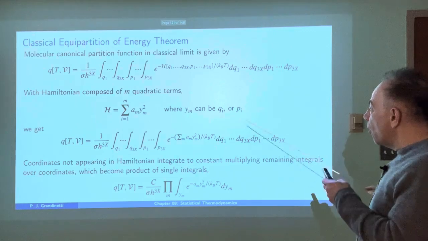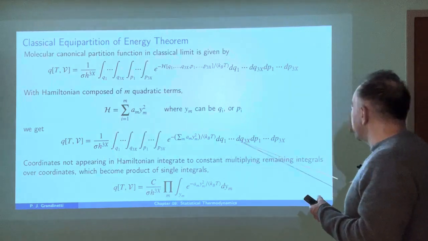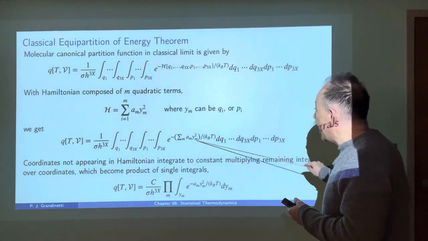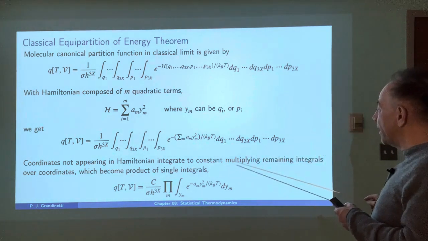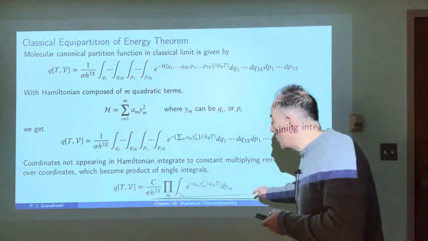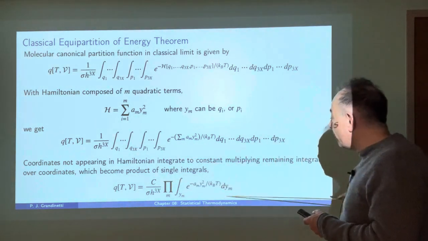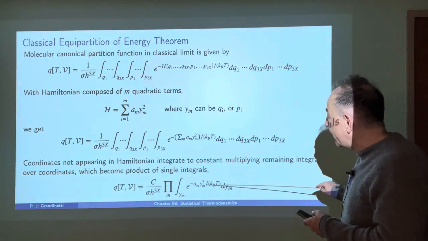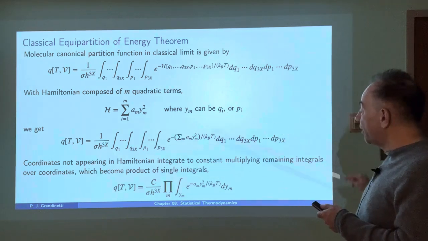And now we see that if there are coordinates here that are not one of these y_m's, whether it's position or momentum, then when you do this integral, they will just integrate out to be some constant out here, and all we'll have left are the integrals involving the ones that showed up in the Hamiltonian, whether that's position or momentum.